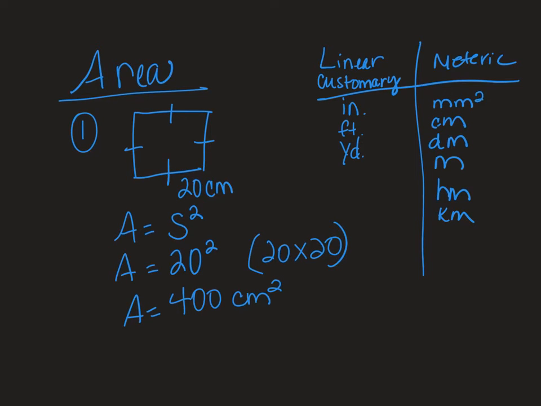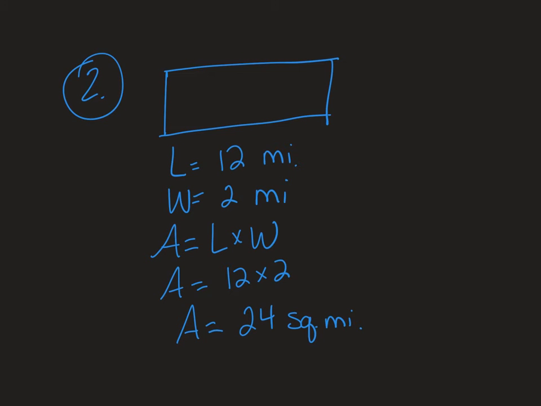When you're finding area, you're going to have a square sign there. Or you're going to have square inches, square feet, and square yards. Your answers have to be written this way, okay? Yes, that's your abbreviation because you have to do that. Now, metric, centimeters squared, those metrics do not have a period at the end, okay?